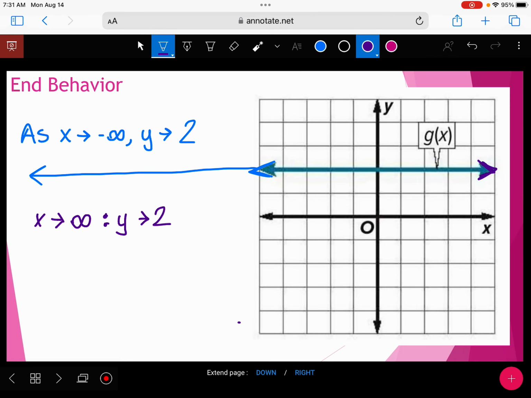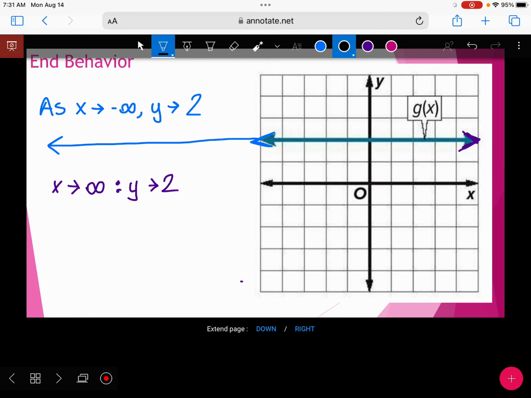If it's straight, it's always whatever number it's at. So if it was down here, it wouldn't be 2. If we had a line here, my y's would be at negative 3, because that's the third one down. So it's whatever our value is, wherever it is.